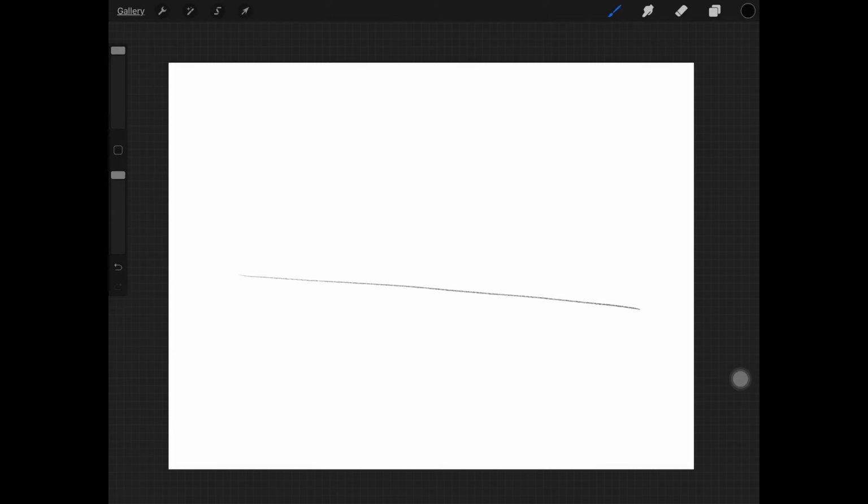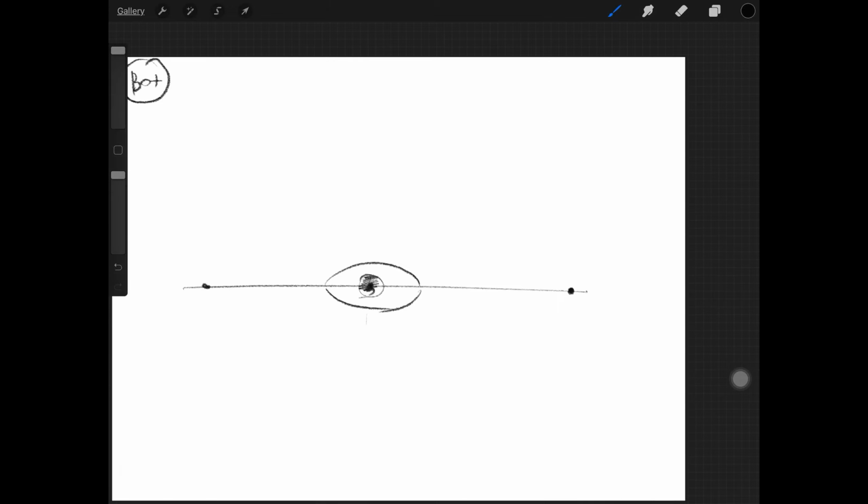Now we have a horizon line, and we will have two vanishing points on it because it's 2 point perspective. We will try to make a box now, and you are in front of that box, which means your eye is here and your box is in front of you. So how will your box appear now?